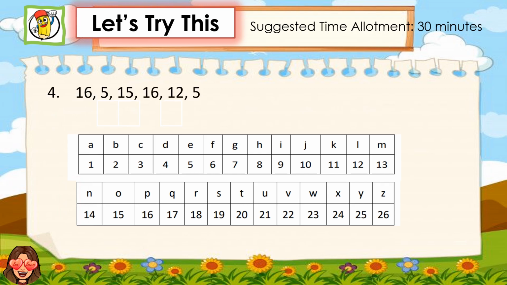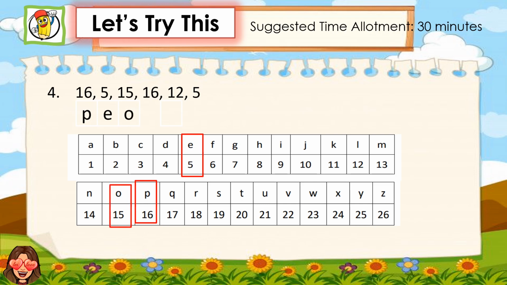For number 4, we have 16, 5, 15, 16, 12, and 5. For number 16, that is letter P. Then the next number is number 5, that's letter E. Next we have number 15.